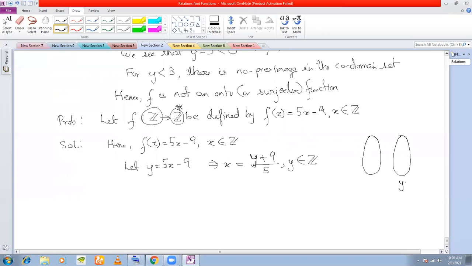For every y, this is integers, right? For every y, will we get an image in x? This is also integers. Will we get an image?